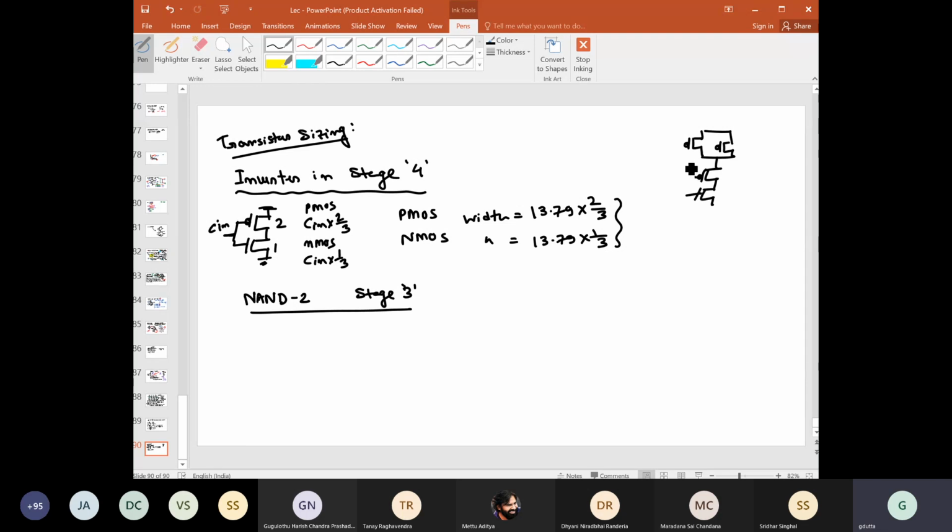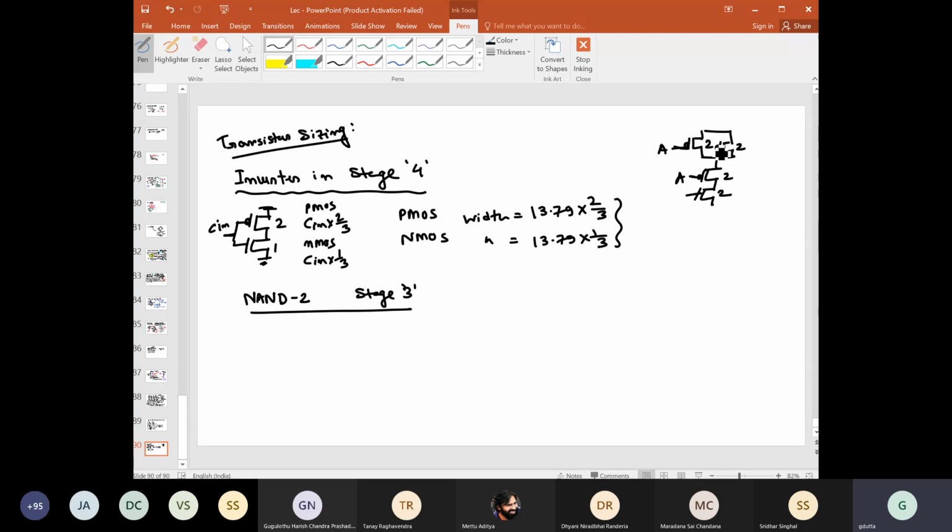If you consider this is A, then this is also A, right? And if you remember the widths, here it is 2, here it is 2, here it is 2, here it is 2, the widths of the transistors. So here the ratio of PMOS and NMOS in terms of these capacitances is 2 is to 2, that means 1 is to 1, right?